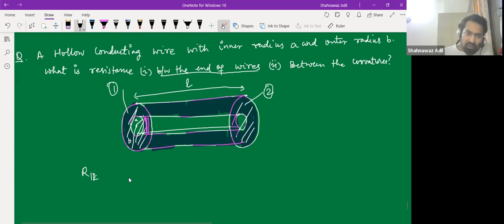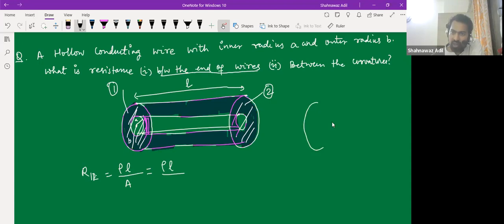So this resistance would be rho L by A, where rho is there, and L is the distance between this 1 and 2. And what would be the area, guys? So this is our cross section, and this is hollow. So what would be the area, guys?